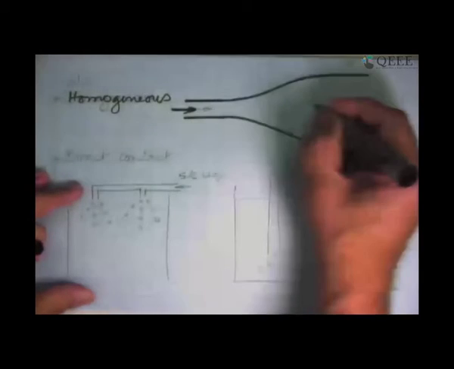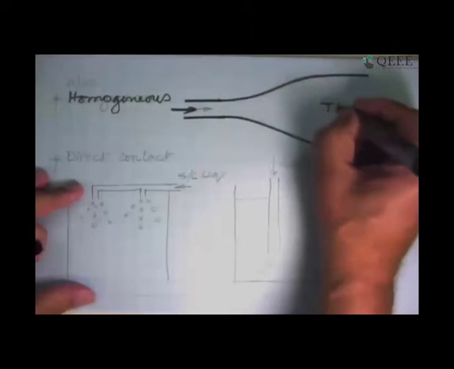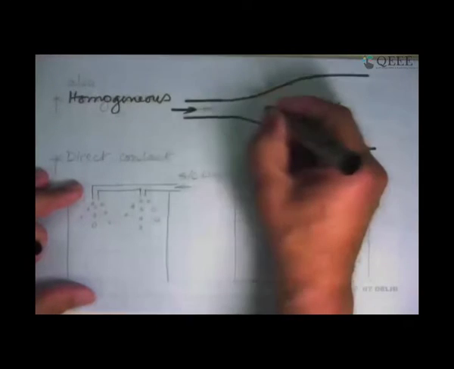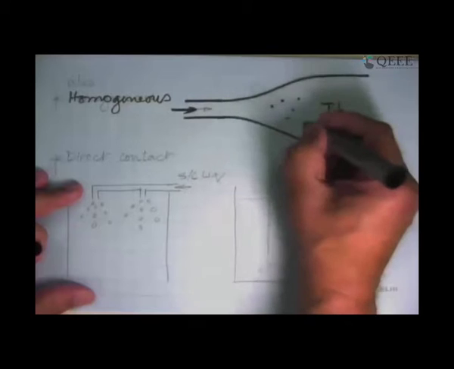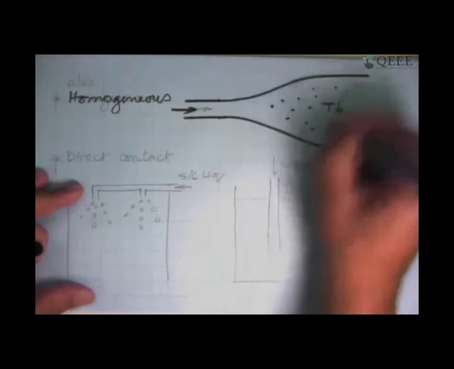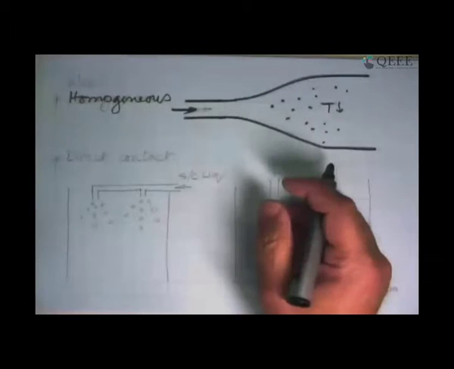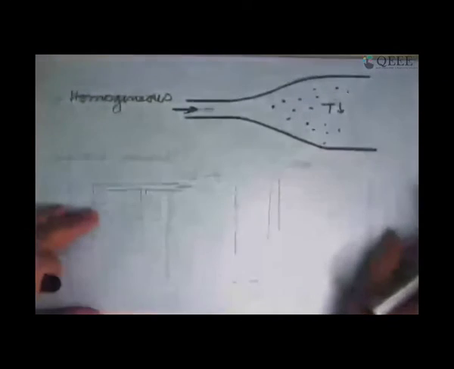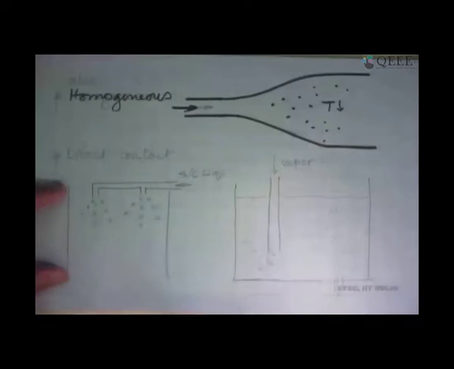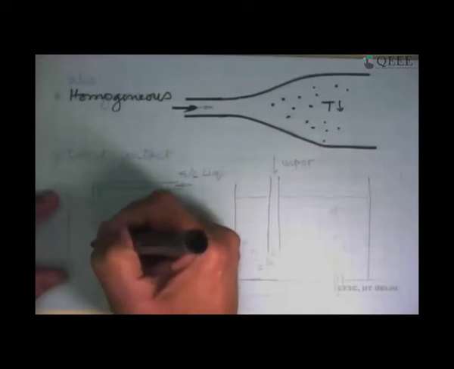As we have learnt in fluid mechanics and thermodynamics, this will reduce the temperature, and because of that, this vapor will begin to form droplets over here. And then if we can separate the droplets, we got our job done. Otherwise, this is what's going to happen. So this is homogeneous condensation.